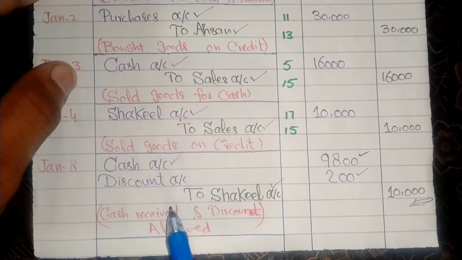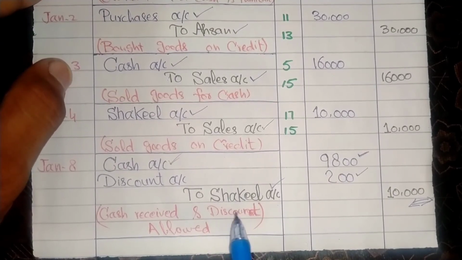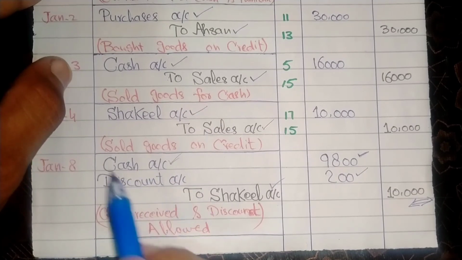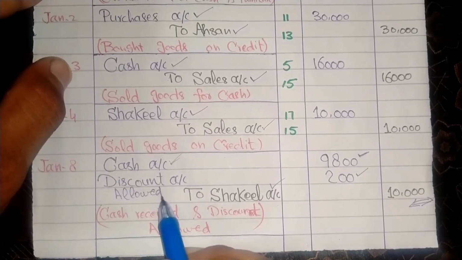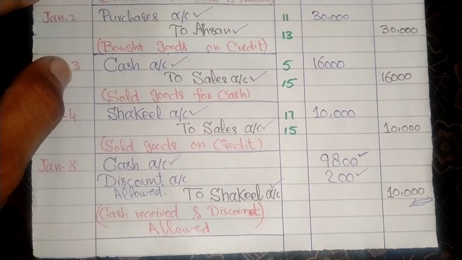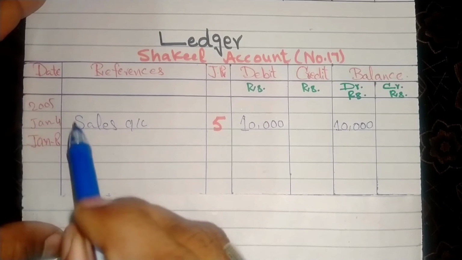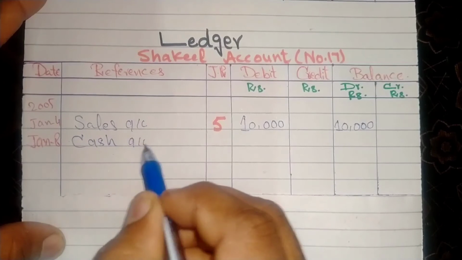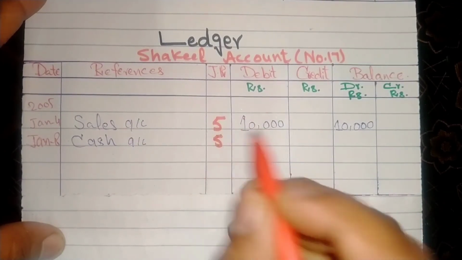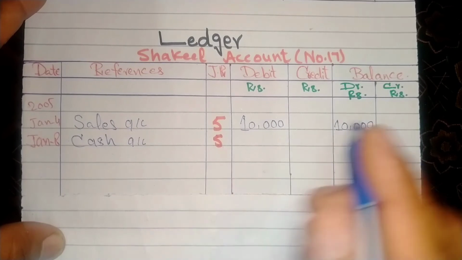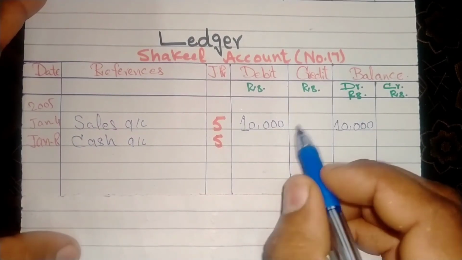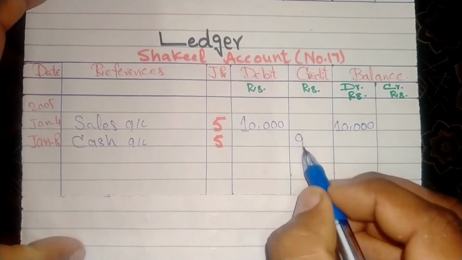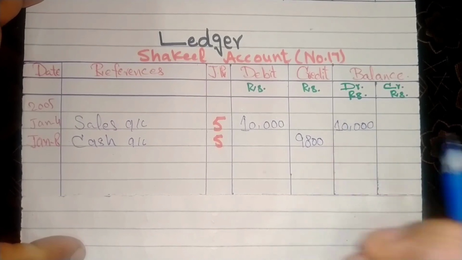The next and last entry of Shakil account is that Shakil account is credited by two accounts, cash account and discount allowed account. Am I right? Jan 8th, Shakil account credited by cash account with same journal reference number 5. Credited amount, we will write separately here, 9,800 rupees.